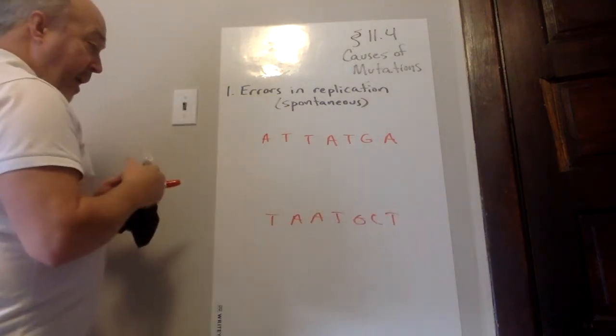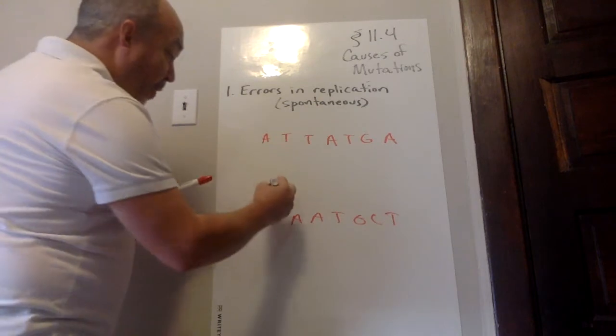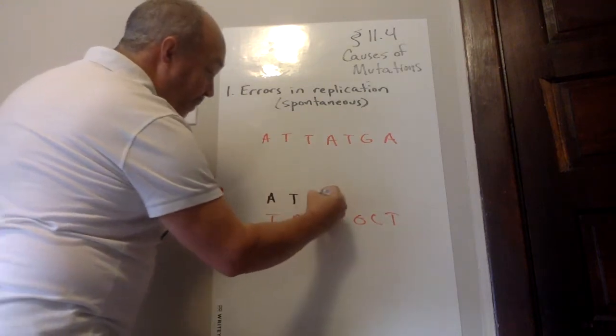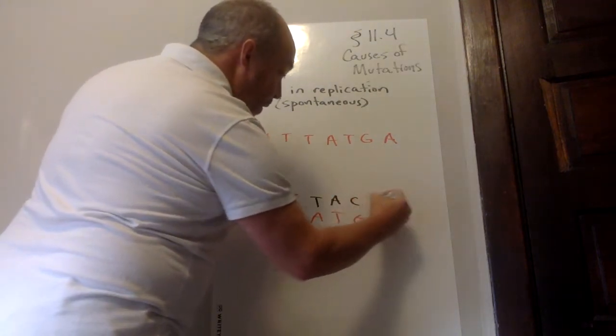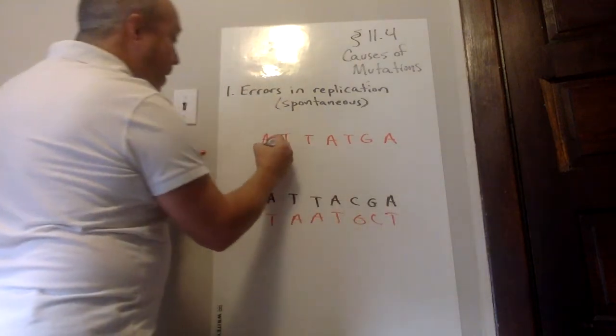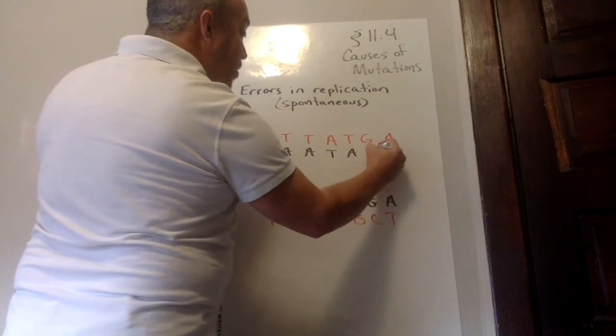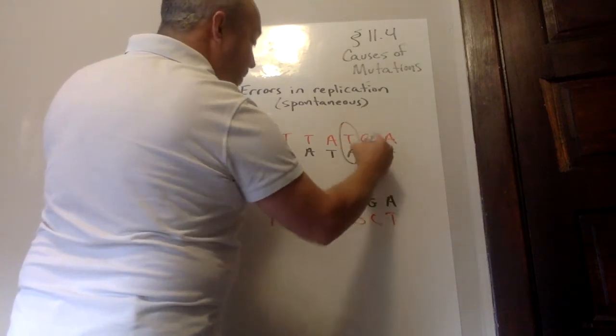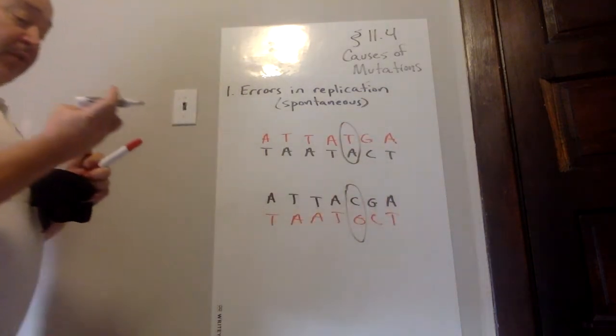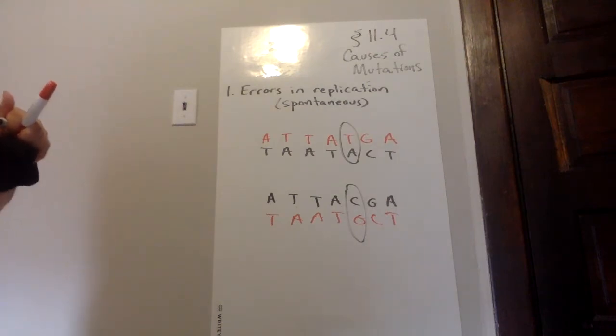This will go back to a normal line because the complementary base pairs will come back in and you're back to the original. But in this line, these cells will now carry a mutation because this is different from the original. We went from a CG line to an AG line.